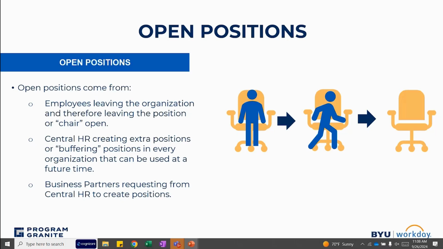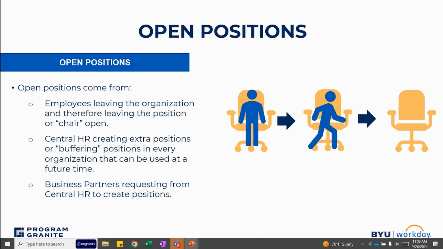They're calling them buffer positions in every organization that can be used at a future time. I think they've created a ton of student worker positions because we know those are hired all the time. There might be some others in there as well, but the hope is that there isn't any kind of backlog of, oh, I need to create a job req or I need to hire a student and I don't have a vacant position, right? Everybody should have vacant positions at go live.